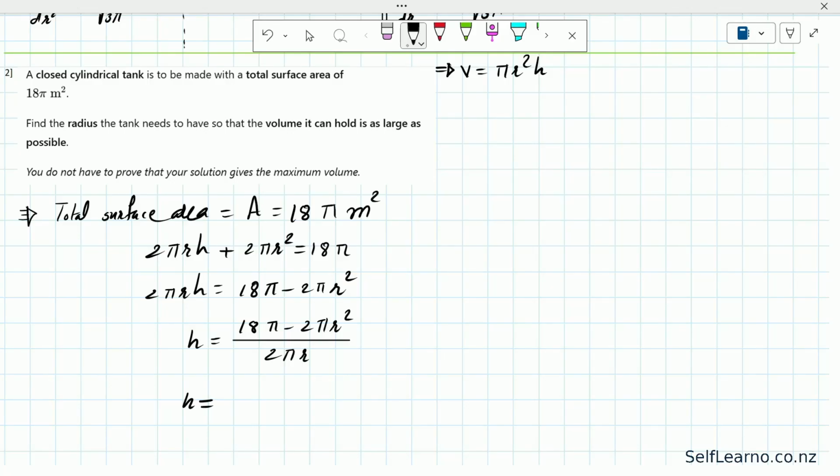It is always advisable to simplify this. So 2 pi is common. So we get 9 minus r square over 2 pi r. 2 pi cancel. So h is 9 minus r square over r. That is my first result.